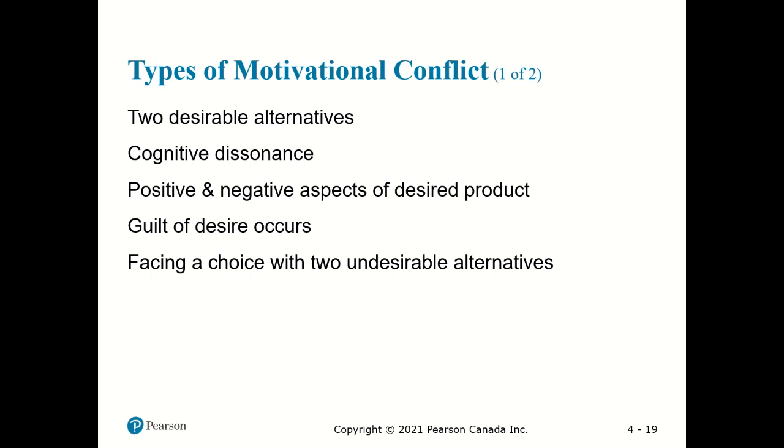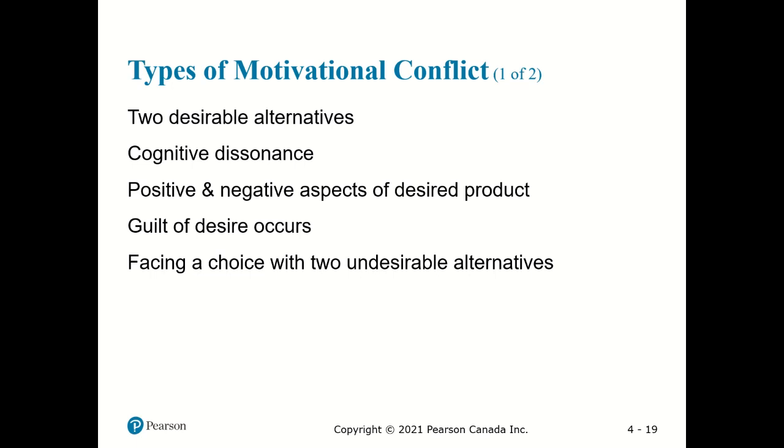A guilt of desire occurrence. Something that you want to buy, but later on you find that you did something wrong. Take an example of donations. Someone asked you to put some money in the donation and you did not do this.